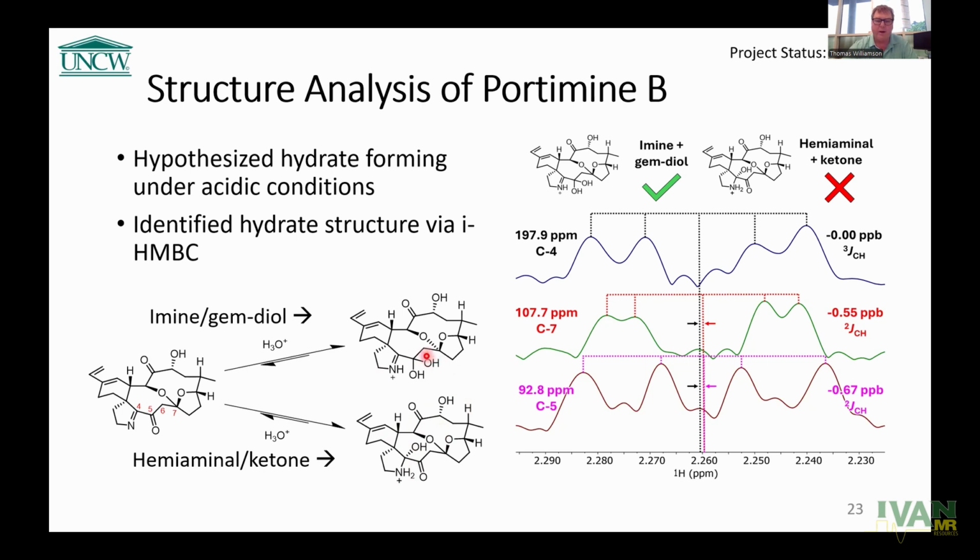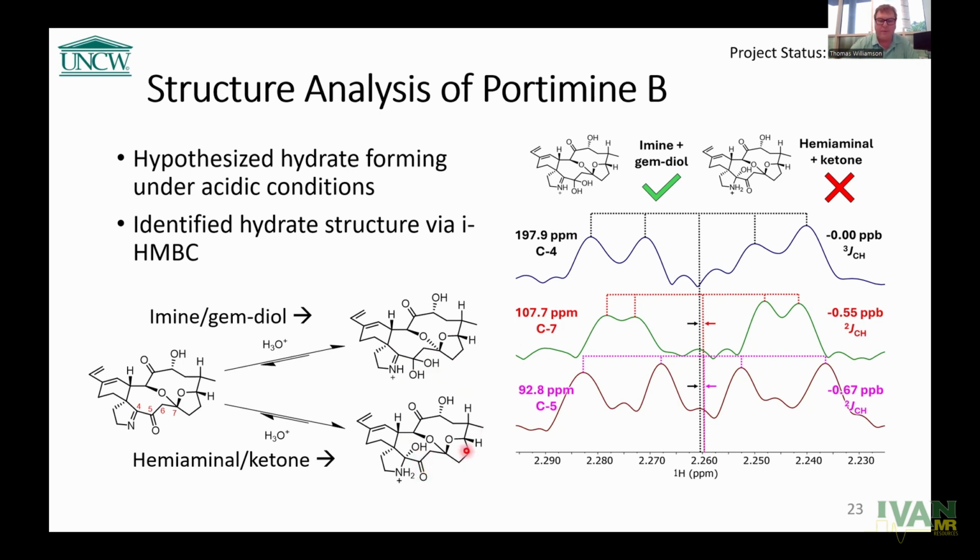And so what we were able to do is show that if we look at the HMBC correlations from the protons here, from these methylene protons, the imine gem diol structure was actually the correct one, where that 2-bond correlation is represented by the chemical shift here at 107.7. And then in the other structure, we would have expected to see the ketone far downfield.